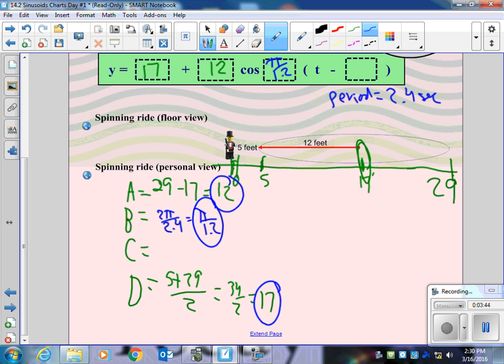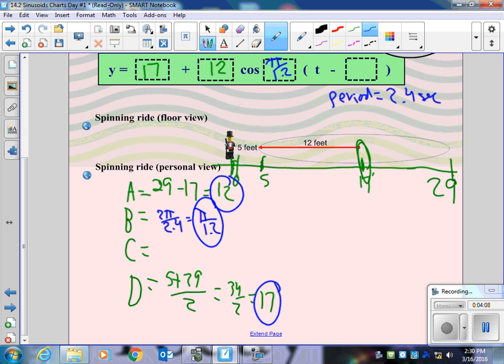Now when you start your clock, do you agree that you could start at any time this thing is going? Anytime, right? I'm going to choose to do the time when it's the furthest away.